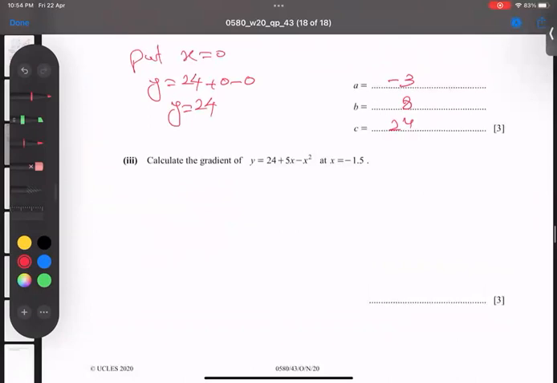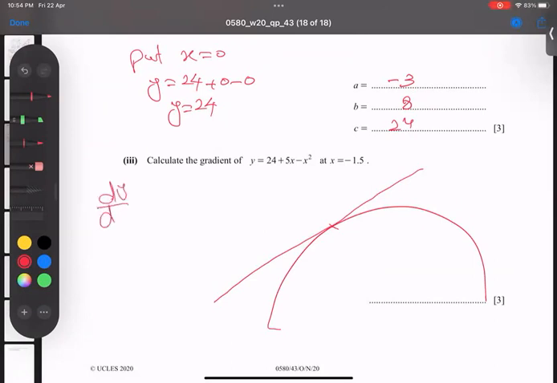Yeah, find the gradient. How to find the gradient? Actually, if we talk about a line, it is y2 minus y1 over x2 minus x1. But if we come to a curve and we have been given one point and we need to find the tangent gradient, first of all we'll differentiate. And how to differentiate? dy over dx. What is the differentiation of 24? It becomes constant, 0.